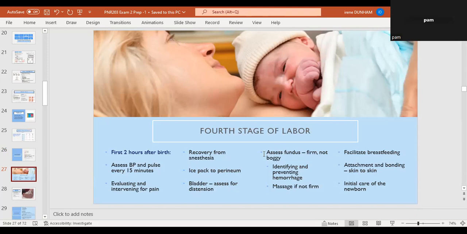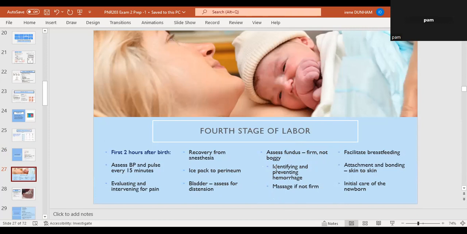All right. And during the 4th stage of labor, we're assessing the fundus of that uterus. Okay. If it's not firm and it is boggy, we're going to massage it. So when we do our assessment, we want to make sure that the fundus of the uterus is firm and not boggy. And if it is boggy, here it is, massage, massage, massage.